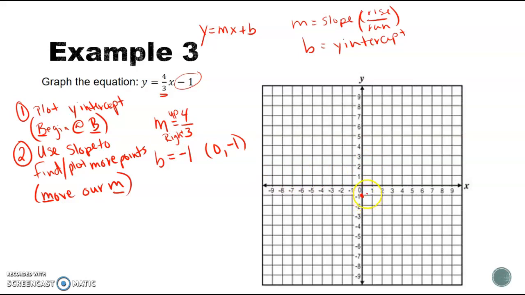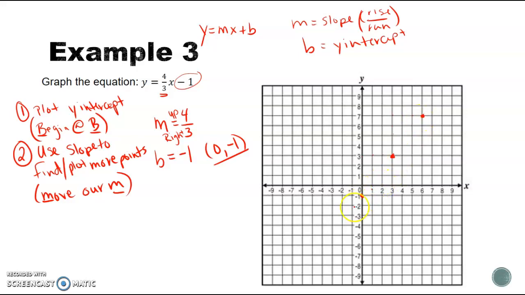So from my y-intercept, 0, -1, I'm going to go up 1, 2, 3, 4, and over 1, 2, 3, and plot a point there. I have an easier time when I'm drawing if I have multiple points. So from here I can go up 4 again, 1, 2, 3, 4, and right 1, 2, 3.